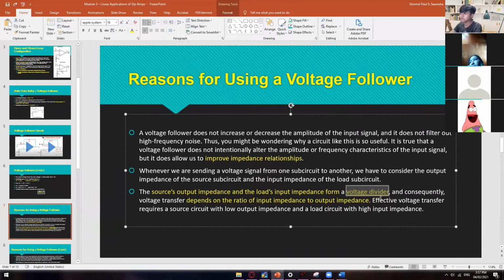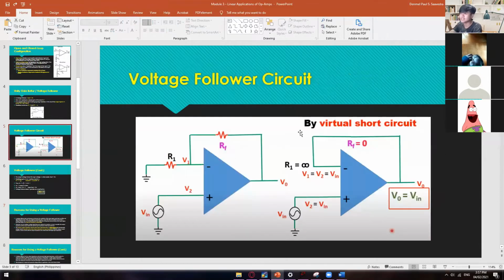Okay, so it's actually the main use of a voltage follower. So it is always intact with a voltage divider. So it's not just a voltage follower circuit. It also has a voltage divider circuit in it. Okay, so take note of that one.